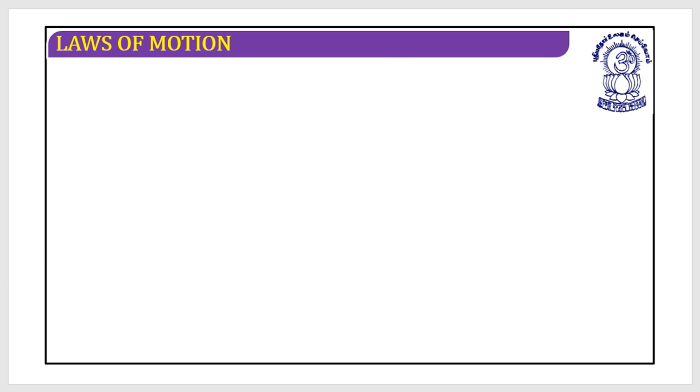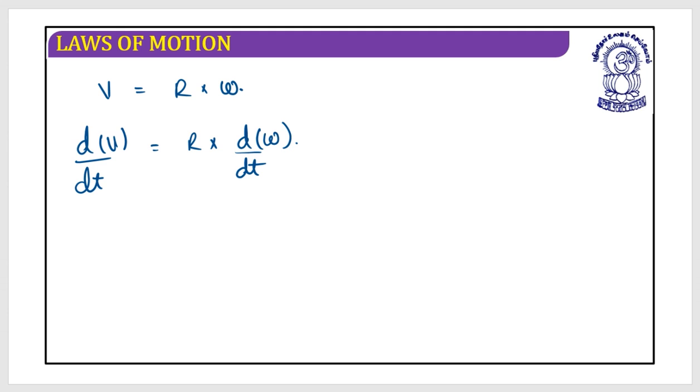Now we have this relation, V is equal to R into omega. Let's again differentiate this. d by dt of V should be equal to R into d by dt of omega. Now dv by dt, a change in velocity with respect to time, what is it? Yes, it's an acceleration.